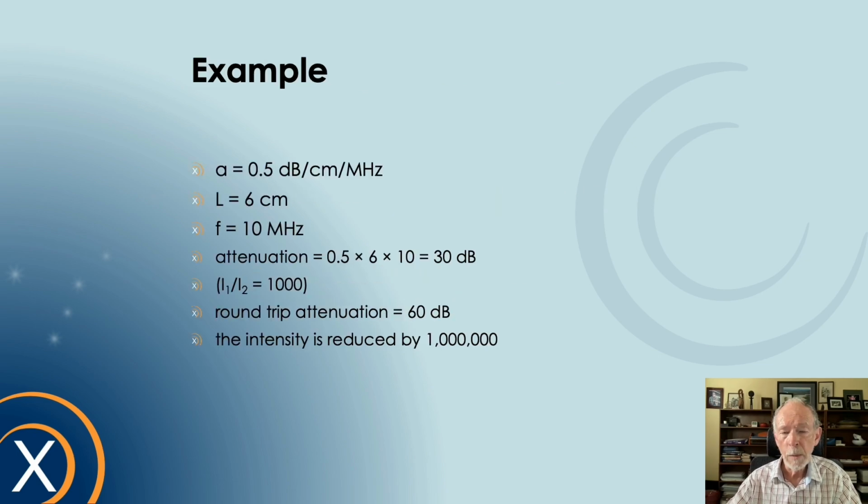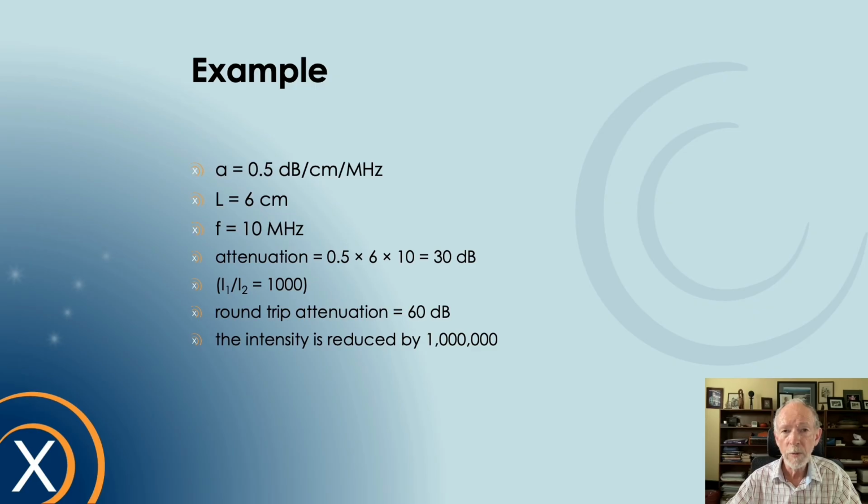Let's look at an example so that you can get an idea of the scale of the attenuation. As I said, a typical average value for the attenuation coefficient is 0.5 decibels per centimeter per megahertz. Let's suppose we're using 10 megahertz and we are scanning to a depth of 6 centimeters. So we're looking at tissues that are 6 centimeters into the body down from the skin surface.